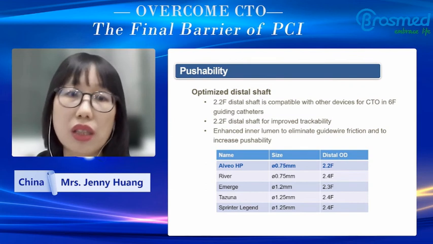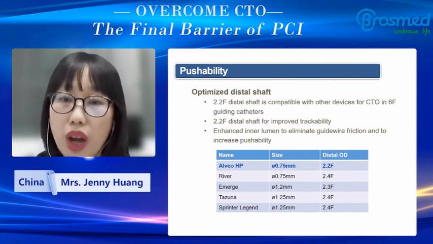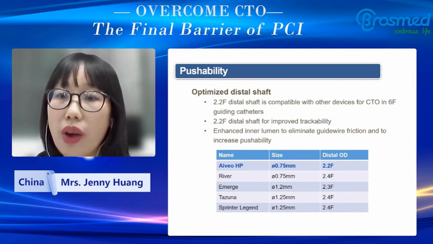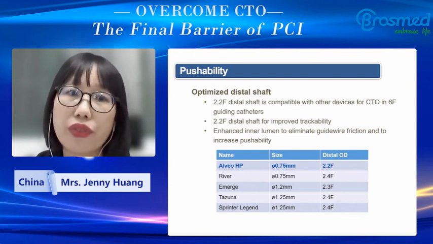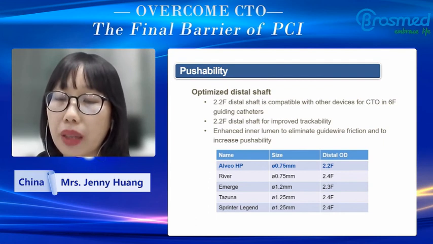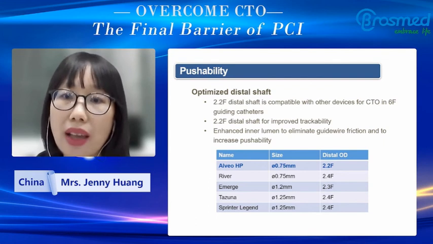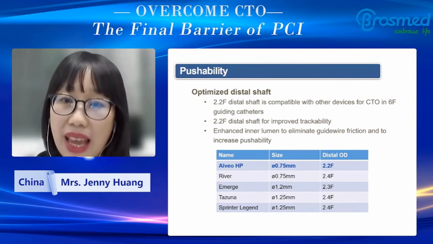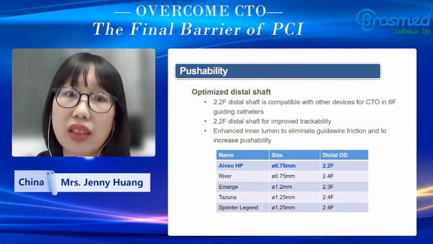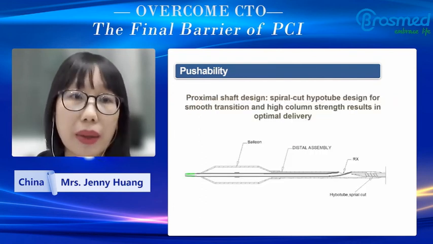Alveo HP is the smallest distal shaft profile, which will allow better compatibility with other devices in setup guiding. Besides, the enhanced inner ribbon will eliminate guidewire friction and increase pushability.